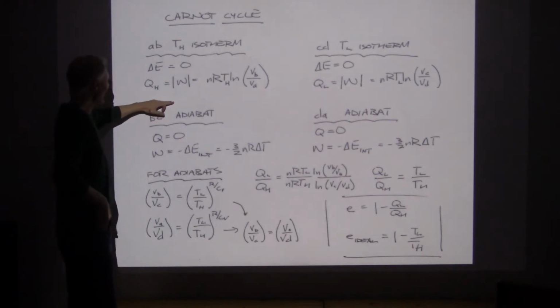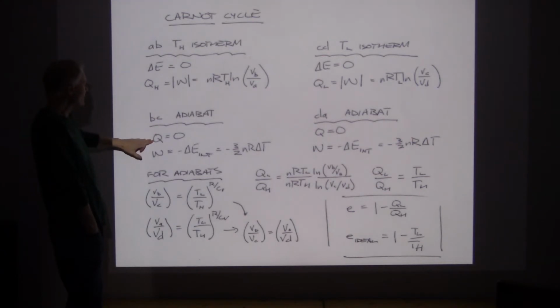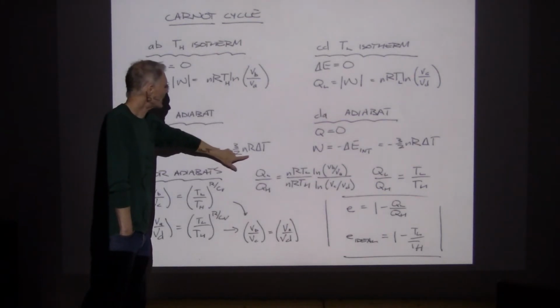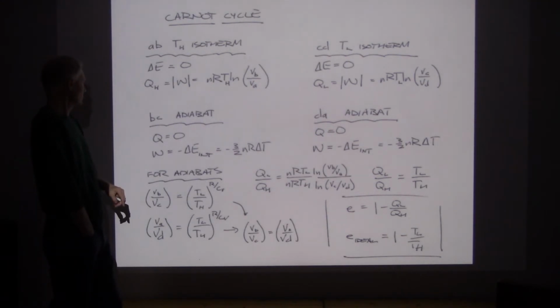As it continues to expand adiabatically, the Q is stopped, and the additional work that we get is going to be 3/2 nR delta T. The temperature here is dropping.